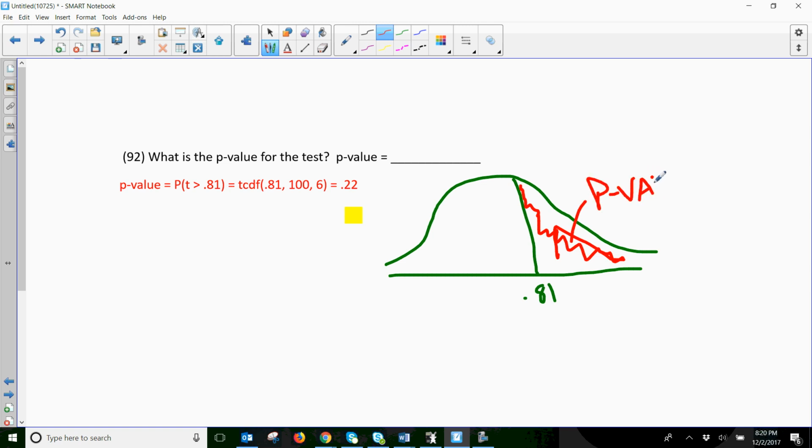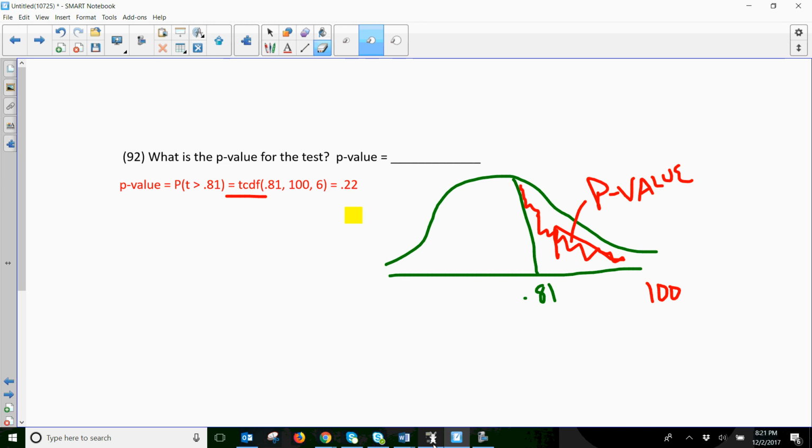But remember, now we are in the t-test statistic, not the z, so we're going to have to use the degrees of freedom. So we're not going to use normal CDF, we're going to use t-CDF, right? So we have a lower bound, which is 0.81, and we'll need an upper bound, which we could use something like 1,000. Or in this case, actually 100 is sufficient. That's what I used in my calculation, so I'll go ahead and keep it like that, as long as it's 4 standard deviations away from the mean.